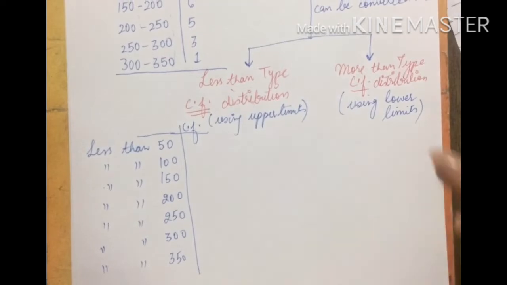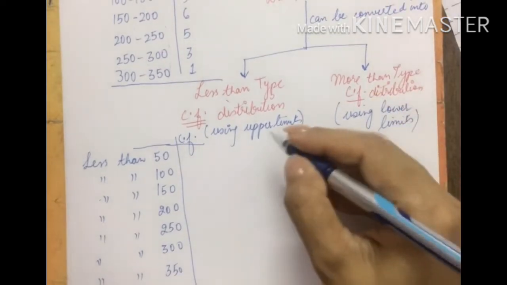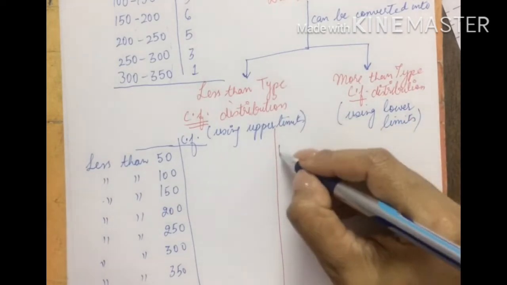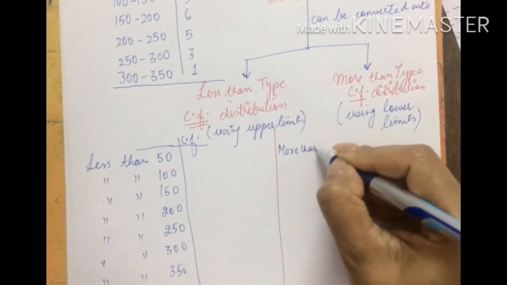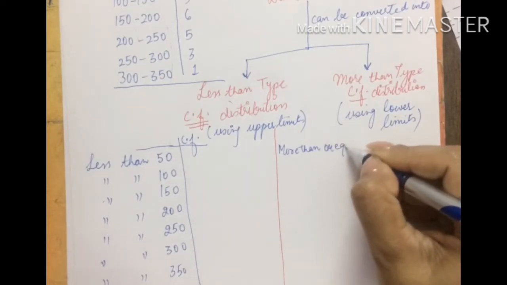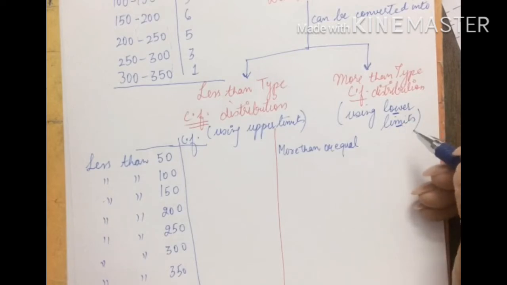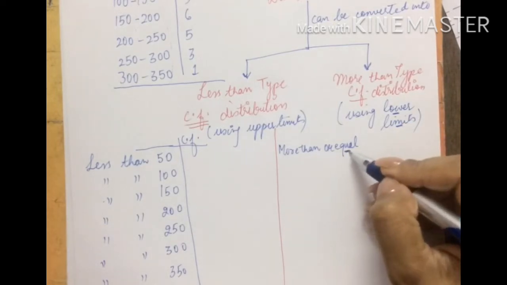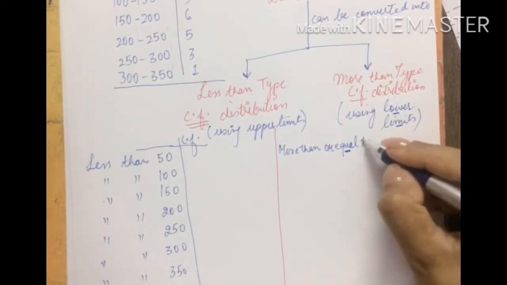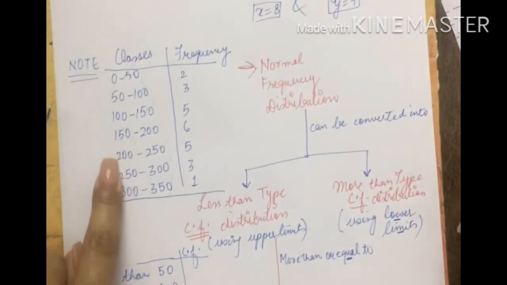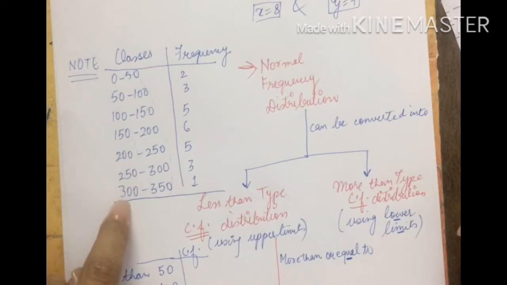Now if we had to write down a more than type, what would it be? This would be more than or equal to. Since the lower limits are included, we are taking the word equal and using the lower limits. So we will be using these now: 0, 50, 100, 150, 200, 250, 300.